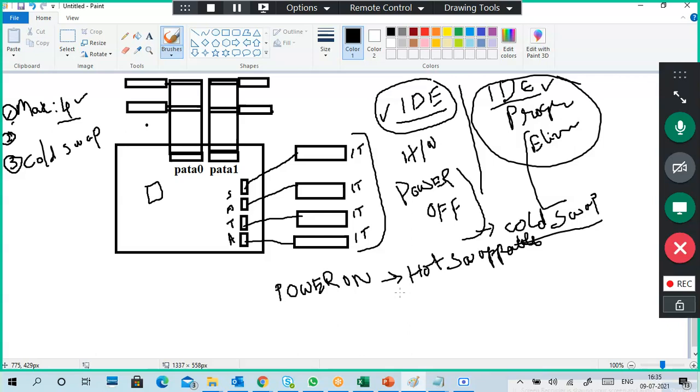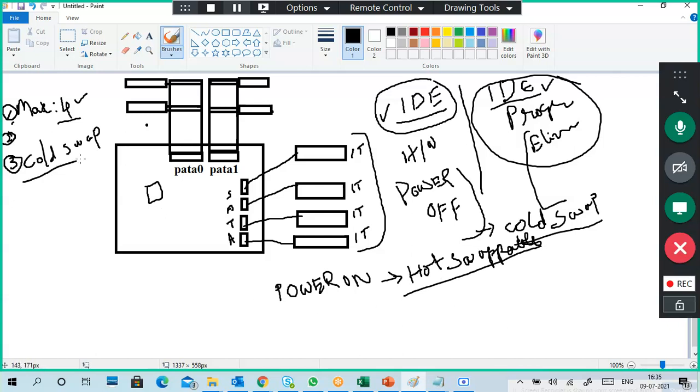Either you can add the hardware, or remove the hardware, or modify the hardware, like change, remove and add the hardware. When power is on, that is called hot swappable.